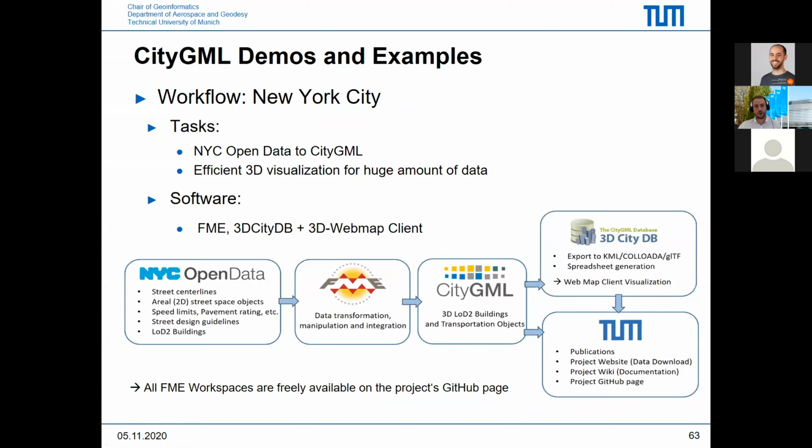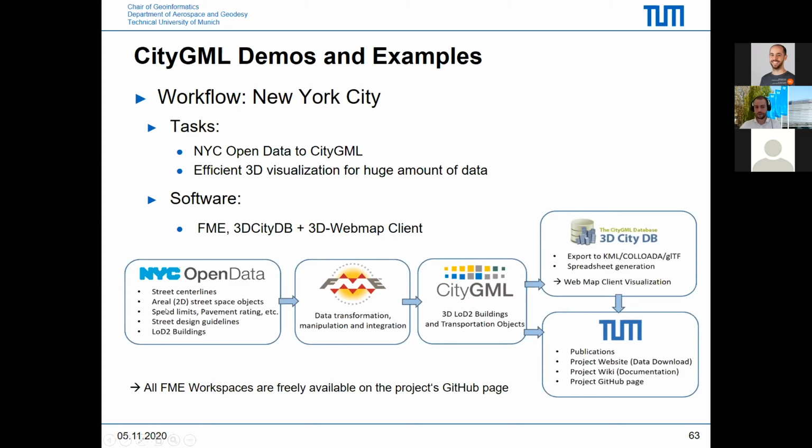First, I want to show you how this model was generated. So as I already said, New York City offers very much open data on all kinds of topics and also on street information. For example, there are street center lines available for the entire city. There are aerial 2D information on sidewalks, on driving lanes, on plazas, and many more.